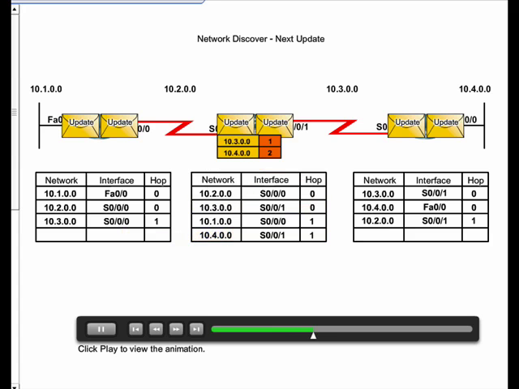That same update contains information about the 10.3.0.0 network, but since that is not new information, the routing table doesn't change. This same process happens with each router in the network until they all have complete information about their neighbors and their neighbors' neighbors. Sometimes distance vector routing is called routing by rumor.